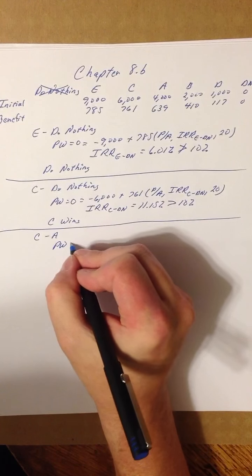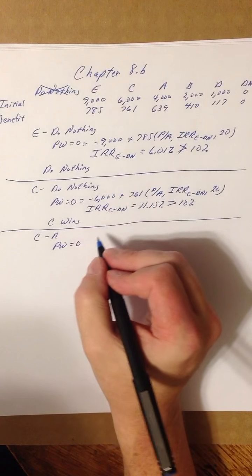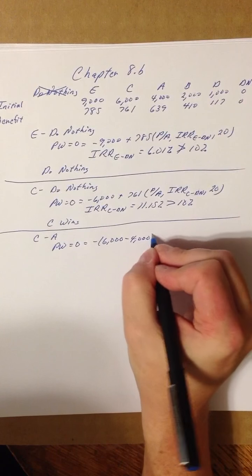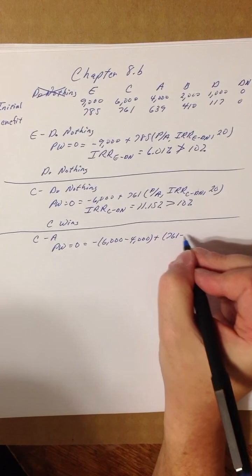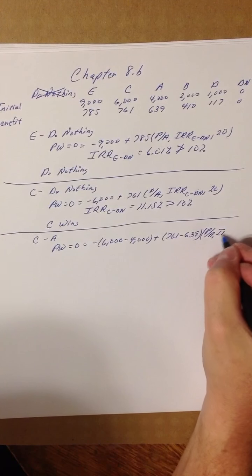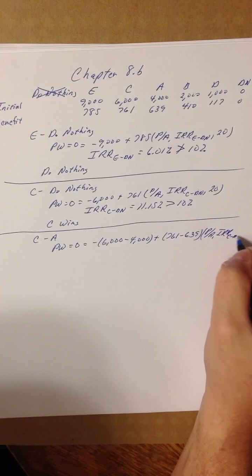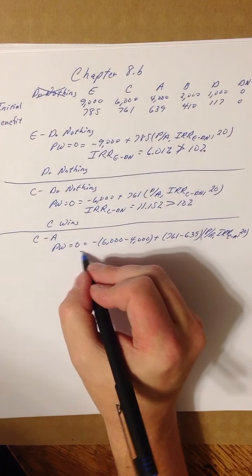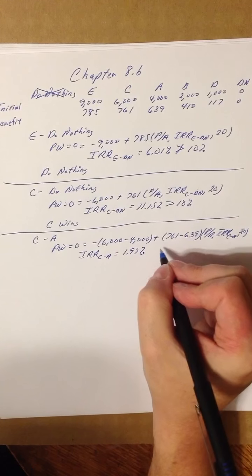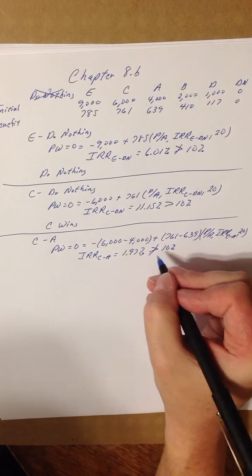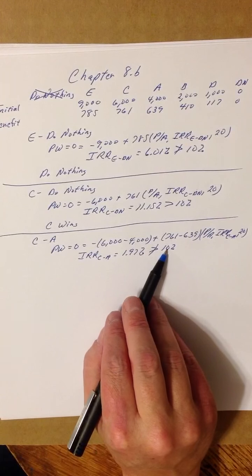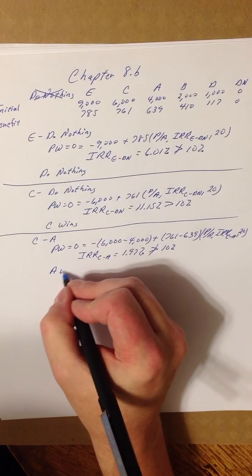So the present worth of that one is, of course, equal to 0, and that is equal to minus 6,000 minus the 4,000 plus the 761 minus the 639, and again it is to find a P given an A at internal rate of C minus A for 20, and that comes out to be 1.97%, and we see that is definitely not enough. So in this case, C is no longer our champion because it didn't exceed the 10%, so we actually say A wins at that point.